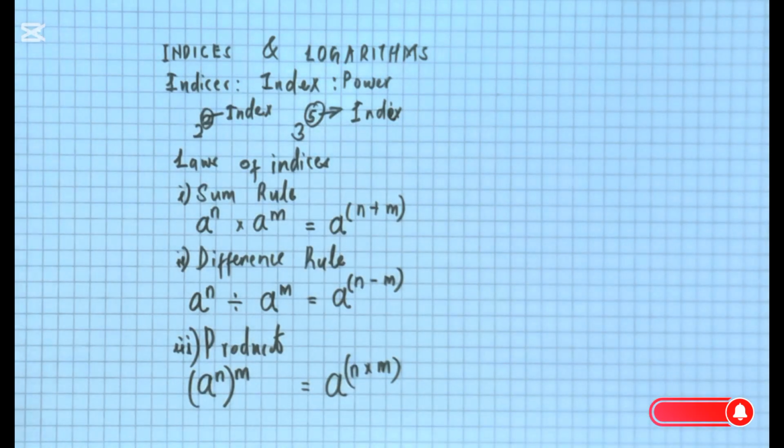So these are the 3 laws of indices: the sum rule, the difference rule, and the product rule.